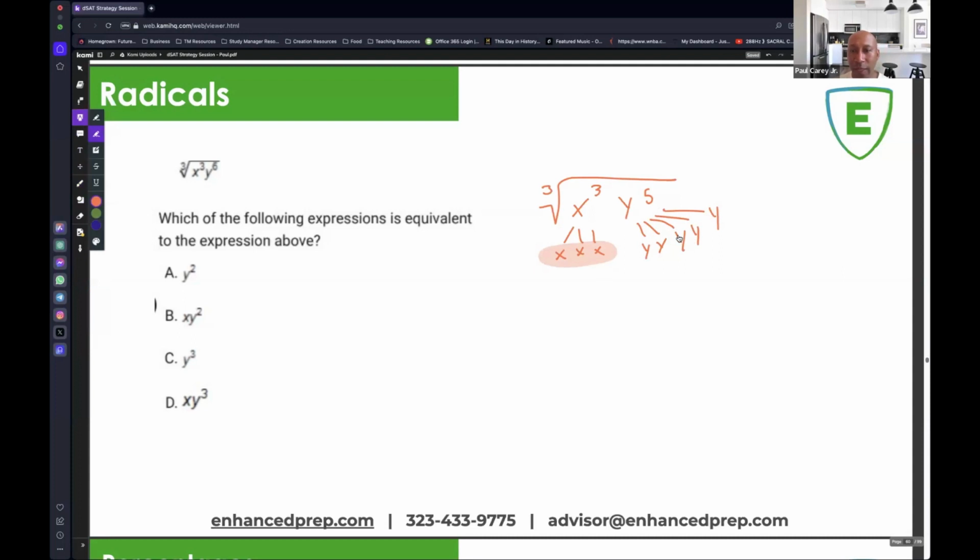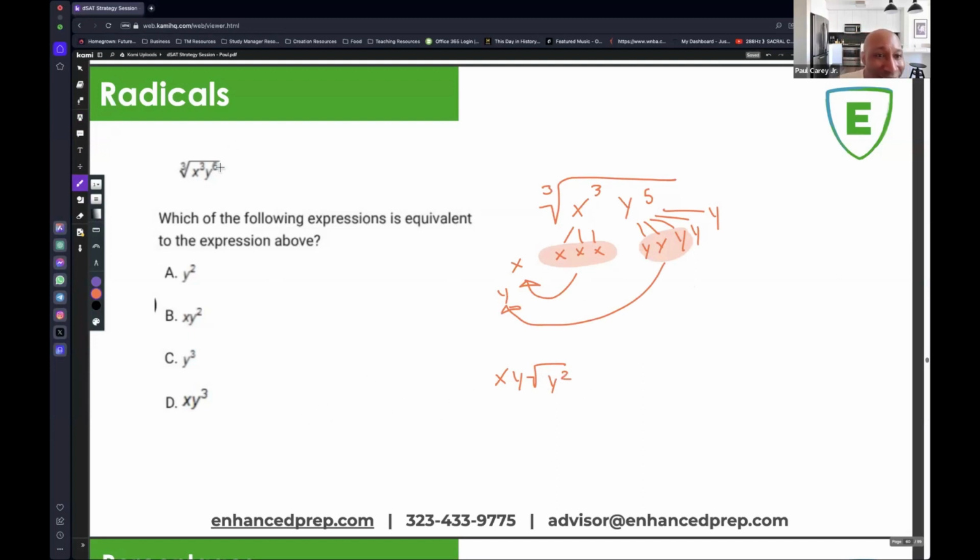And if we do that, we can see that we have this amount of 3. And then we're leaving those 2 that are still in there. So that means we can pull out 1 x and we can pull out 1 y. And we get that this is going to be x times y times the cube root of y to the second.